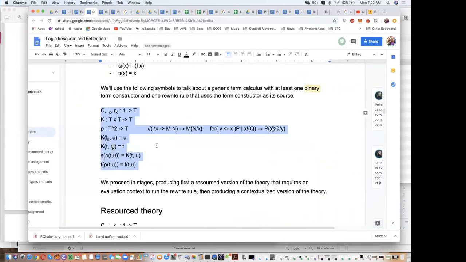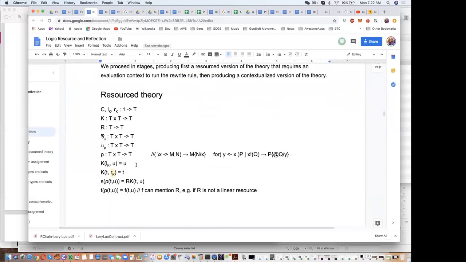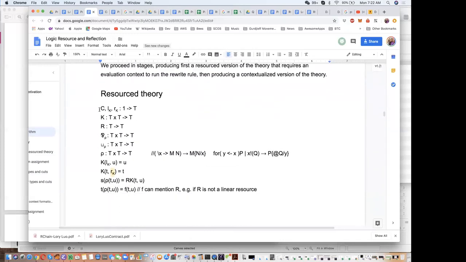So here's the rewrite system you gave us, or that is input to our algorithm. And our first step is to generate one that has a resource, right? So this is the resourced version, here's the resource. It says you can only rewrite if you've got some of that resource. Otherwise, you're not able to rewrite.